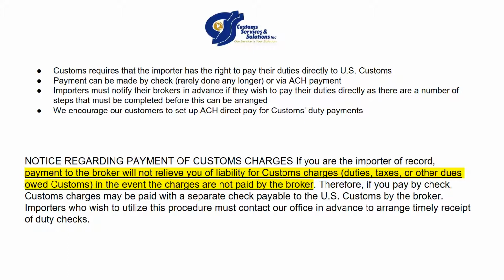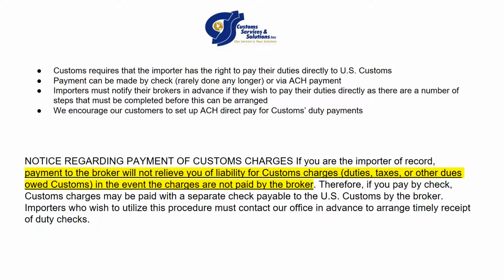And it continues, therefore, if you pay by check, customs charges may be paid with a separate check payable to the U.S. Customs by the broker. Importers who wish to utilize this procedure must contact our office in advance to arrange timely receipt of duty checks. This form was designed a number of years ago, and since that time, many importers are paying their duties directly to U.S. Customs via the ACH debit system. And we can help you set that up.